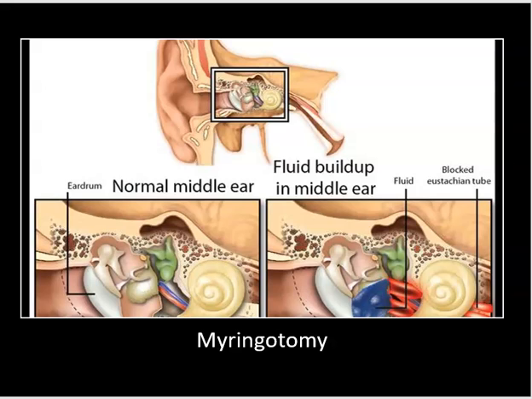Now, I want you to notice that myringotomy and tympan, both of those words mean eardrum, but I want you to notice the difference in the codes that we have available. So 69420 and 69421 are both myringotomy codes, but that second one requires general anesthesia. Then when you go over to 69424, this is when a patient has had a ventilating tube inserted, and today they're actually removing that ventilating tube.